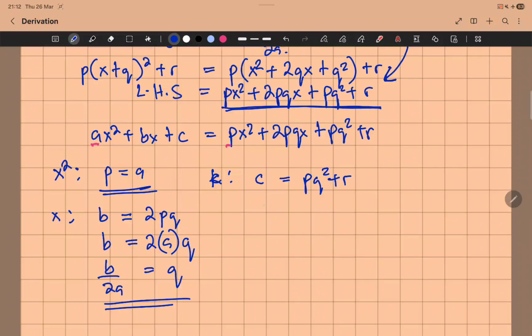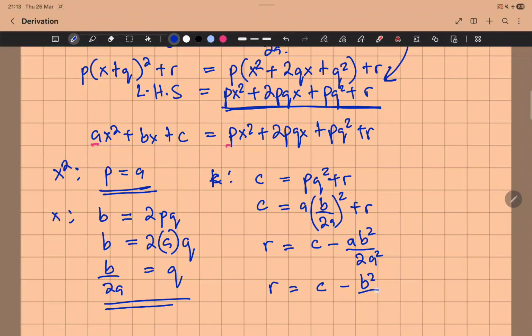So c is equal to a times (b over 2a) squared plus r. If we want to solve for r, r then becomes c minus a b squared, all that over 2a squared.